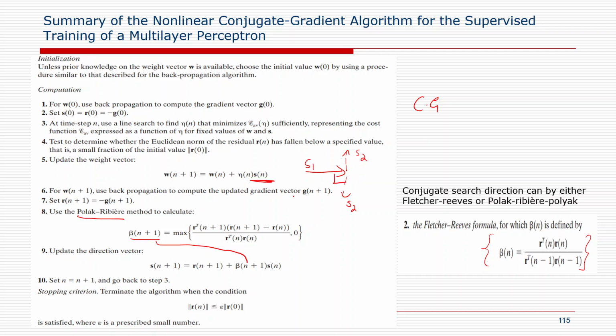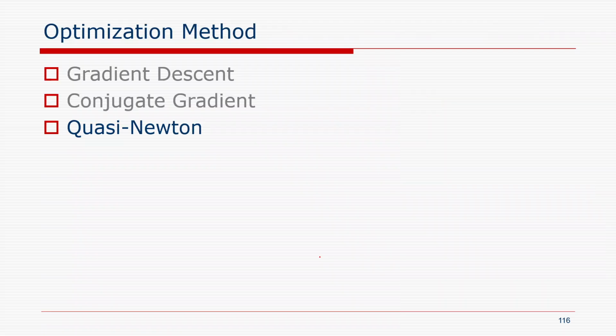That is what these formulas ensure. We will not look at the proof, but it ensures that the new search direction will be perpendicular or conjugate to the previous search direction. Now, as I said, for optimization methods in supervised learning, we can use gradient descent or conjugate gradient descent.